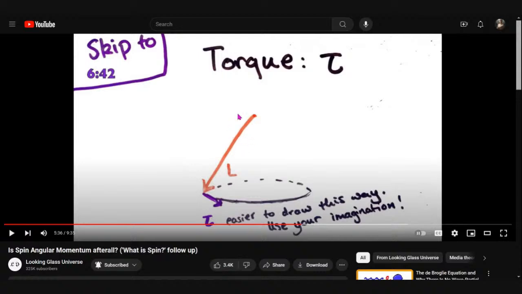And this rotation creates a magnet, that the north is this, I guess, and the south is this. Now, you also have a torque. And the torque is in this direction.